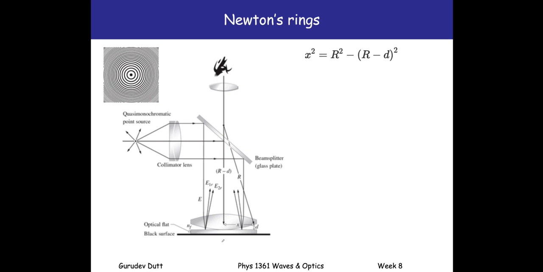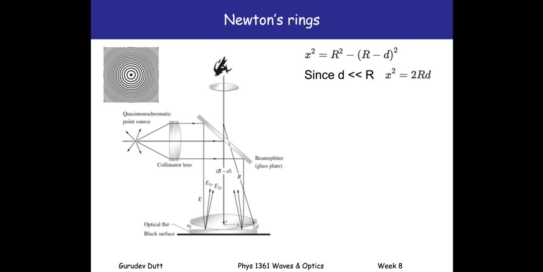Then at any distance x out from the center of this optical axis, if the thickness of the film is d, x squared is related to R by x squared equals R squared minus (R minus d) squared. You can see that by just looking at this geometry over here.